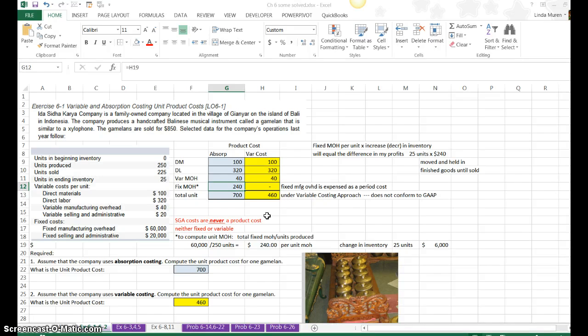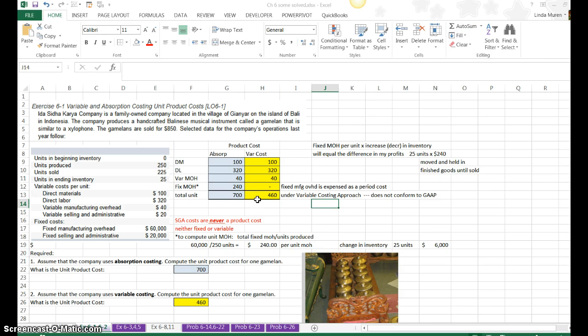The computation of this 240 was not given to you. So you go to your manufacturing costs, $60,000, and divide it by the number of units produced, this 250. It comes out to $240 for every unit. We plug that in under absorption costing only, hit the sum command, and add them up: $700. Then sum the variable costing.